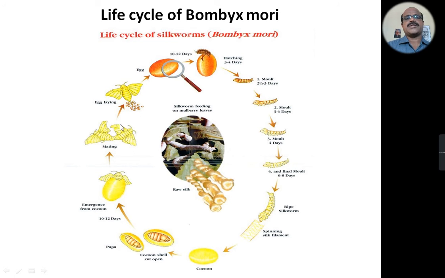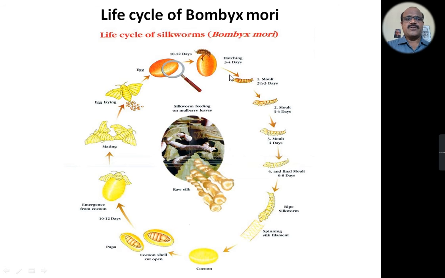Soon after copulation, the female silk moth is going to lay the eggs. The movement is restricted, and here the eggs are in a rounded sheet, and the eggs are hatching out.